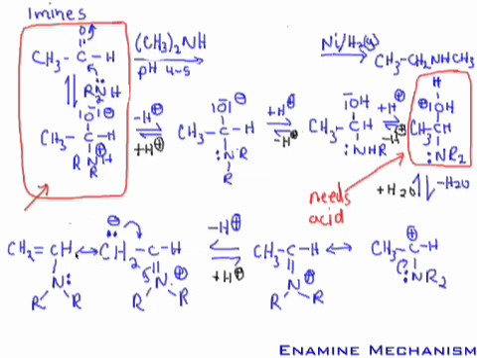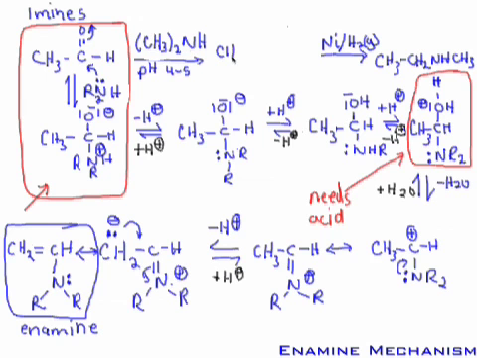It's resonance stabilized. And what is this molecule? Instead of making an imine, we've made an enamine, an alkene that has an amine off it. So secondary amines give us enamines.